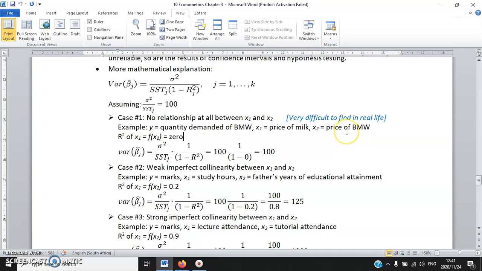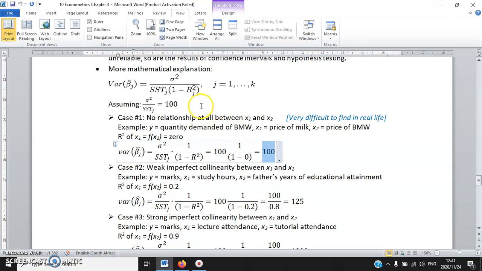I think price of milk and price of BMW wouldn't have any relationship at all, but I actually commit overfitting by including x1 in the regression because price of milk should have no impact on quantity demanded of BMW. But going back to the R square of the auxiliary regression, 0, then I substitute 0 here. Then at the end, luckily, no impact on the variance of the parameter. It remains unchanged at 100.